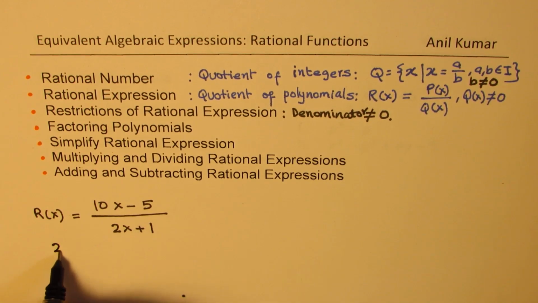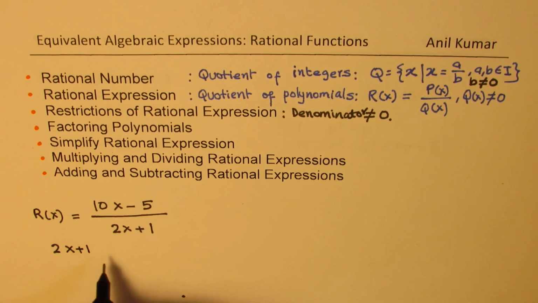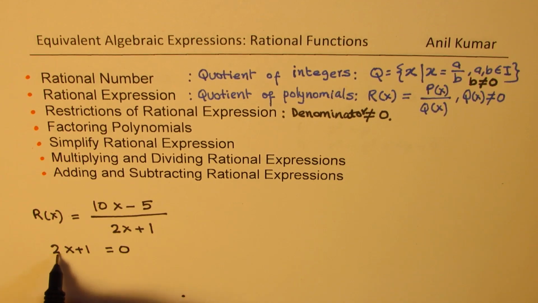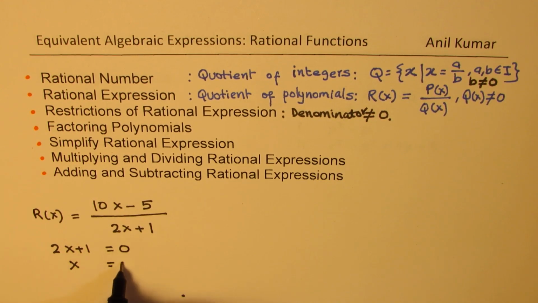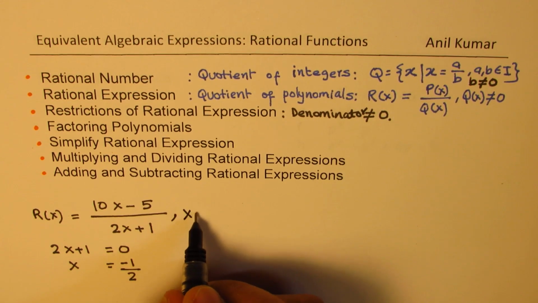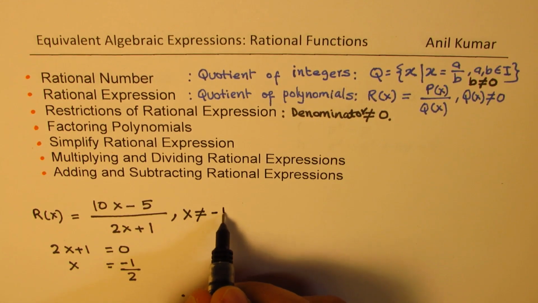So we can equate 2x plus 1 to 0 and find what gives it a 0 value. You can isolate x: taking 1 to the other side and dividing by 2, we get x equals minus half. Therefore, the restriction is that x is not equal to minus half. Clear?